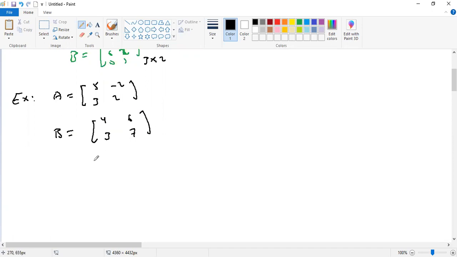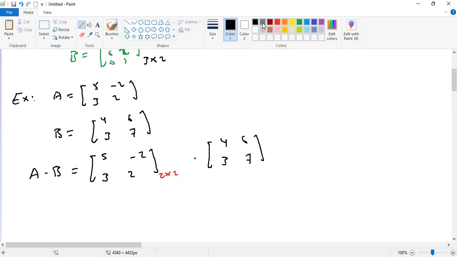So A times B: A is 5, -2, 3, 2. This matrix is 2 by 2. I want to multiply by B, which is 4, 6 in the first row, and 3, 7 in the second row. This one also is 2 by 2.